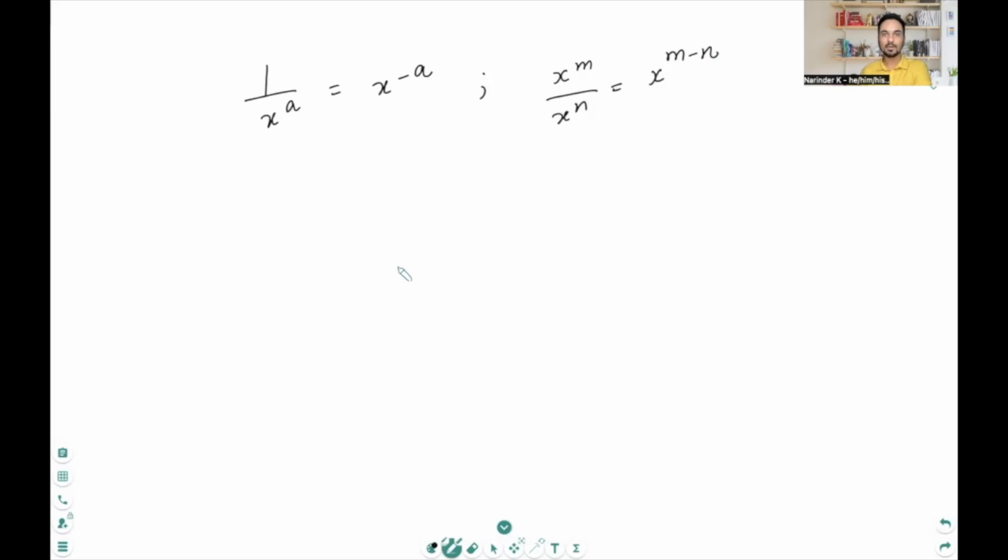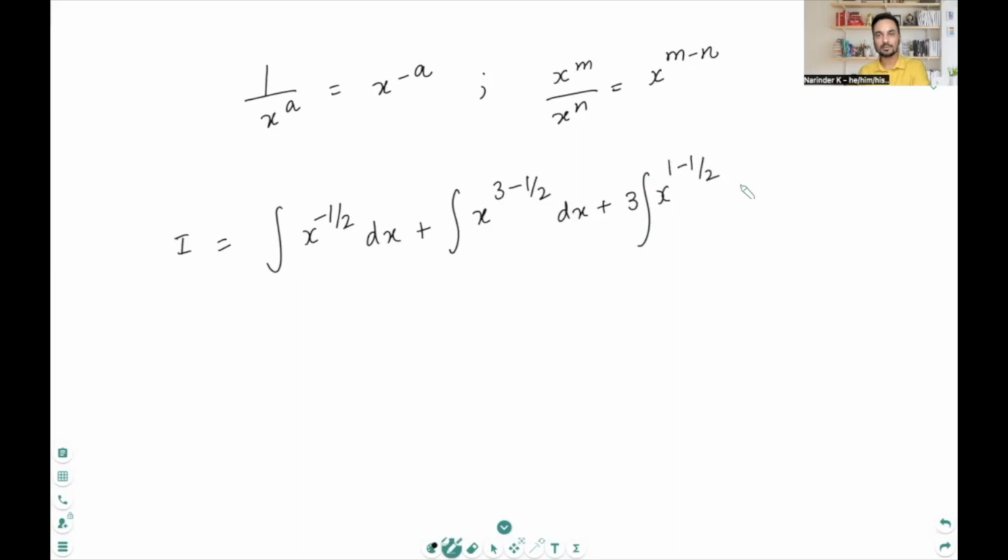By using these two properties, the given integral can be written as x to the power minus half dx plus x to the power 3 minus 1 over 2 dx plus 3 times x to the power 1 minus half plus 3 times x to the power 2 minus half. So x to the power 2 minus 1 by 2 dx.